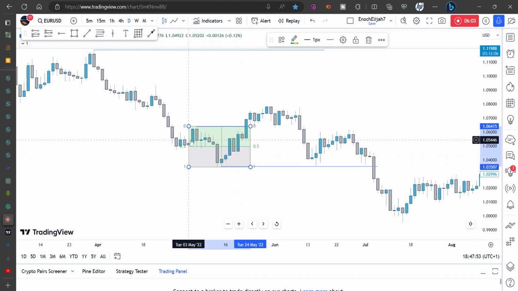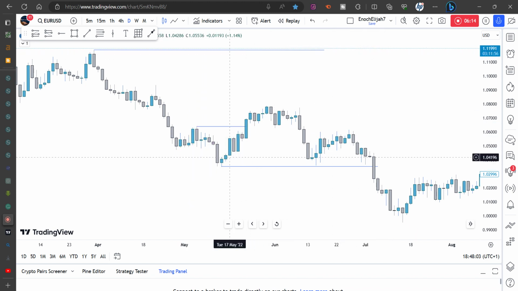Above it is where price will likely draw to sell from, from this OB. So what I'll be doing is buying from this day once this swing low has formed, until we get to this premium level, which is above 50%.